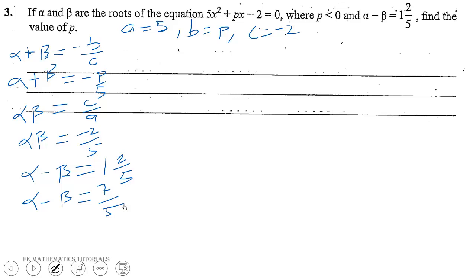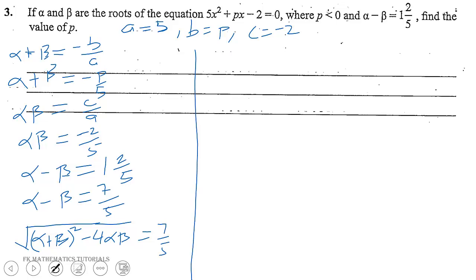Recall that alpha minus beta is equal to the square root of alpha plus beta all squared minus 4 alpha beta. So this is equal to 7 over 5. When we square both sides, we get alpha plus beta all squared minus 4 alpha beta is equal to 49 over 25.